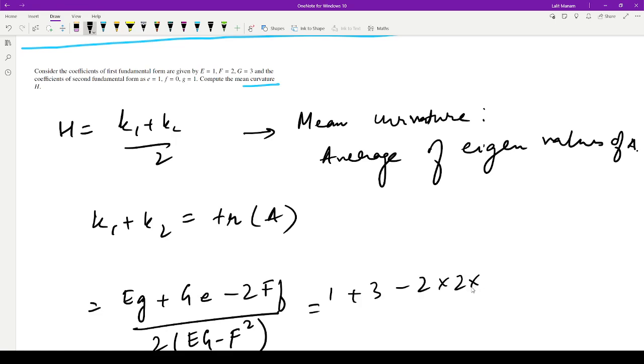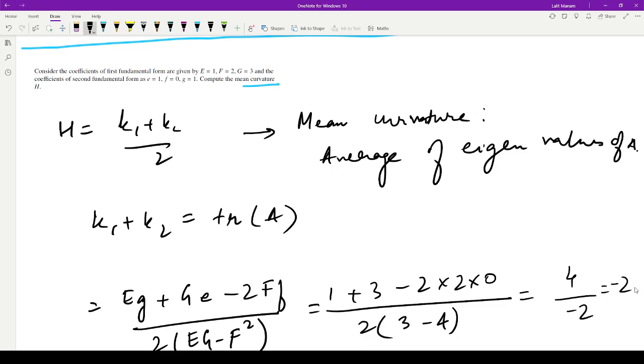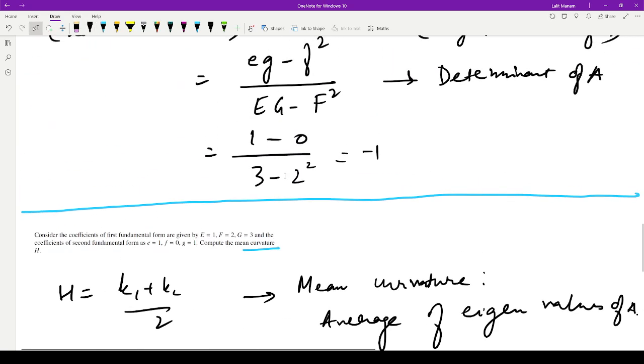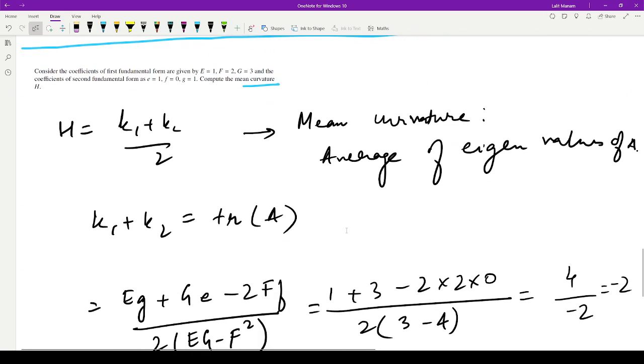Two times two, this is zero. This turns out to be 4 upon minus 2, which is minus 2. Okay, so the mean curvature is minus 2, and the Gaussian curvature is minus 1.